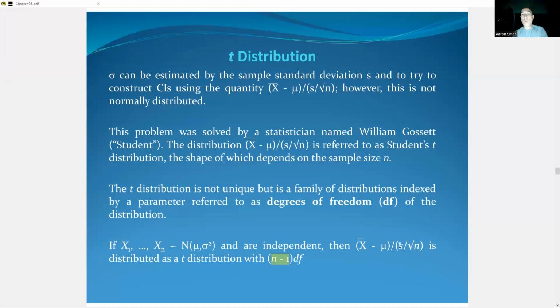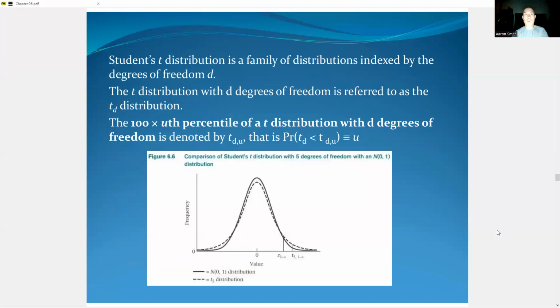The thing to point out here is that I have two things coming from my sample: a point estimate and a standard deviation estimate. Student's t-distribution is a family of distributions indexed by the degrees of freedom.